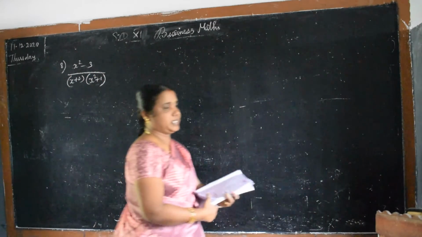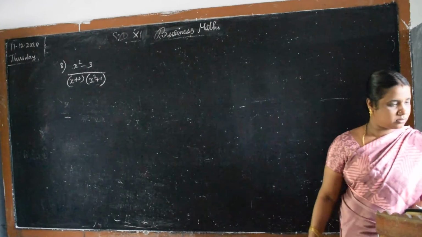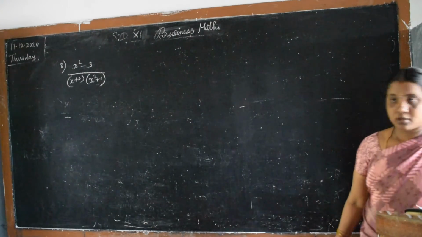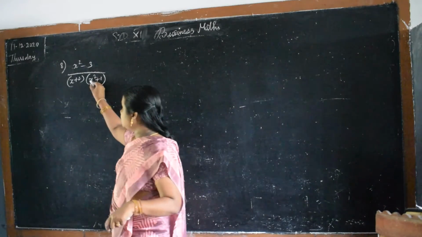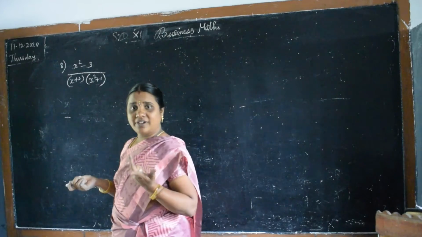See this only I said. See the part, this is x² + 1. This is the quadratic form which we cannot factorize.